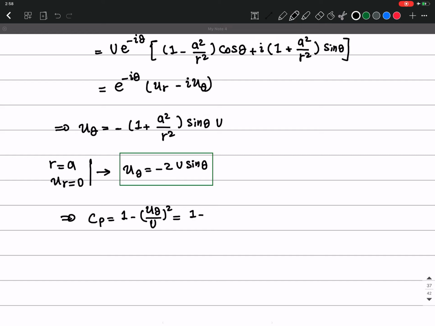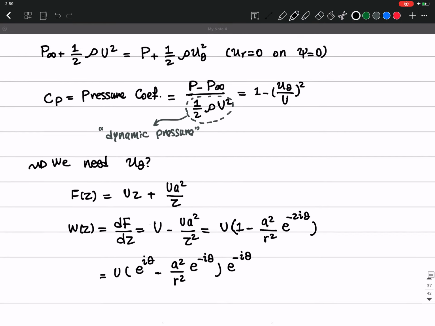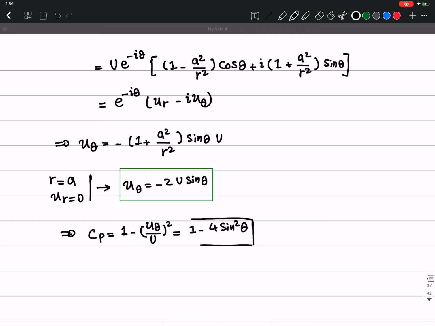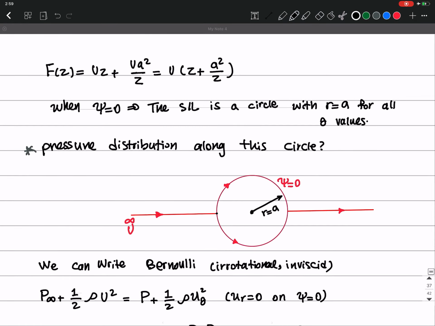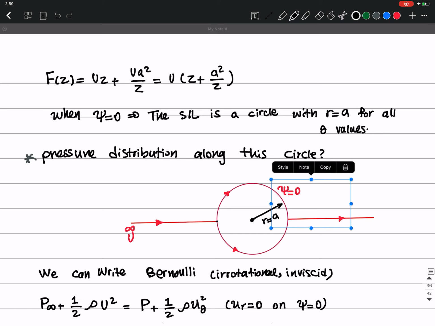U theta over U is just minus 2 sine theta, so Cp is 1 minus 4 sine squared theta. So this is going to be the pressure coefficient. Now I can plot the pressure coefficient and say where we have the highest and lowest pressure in this flow.